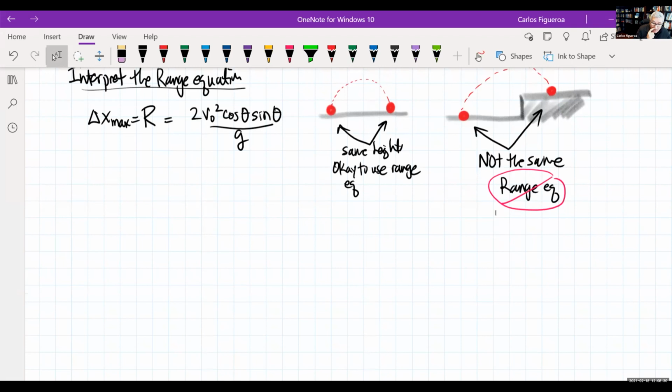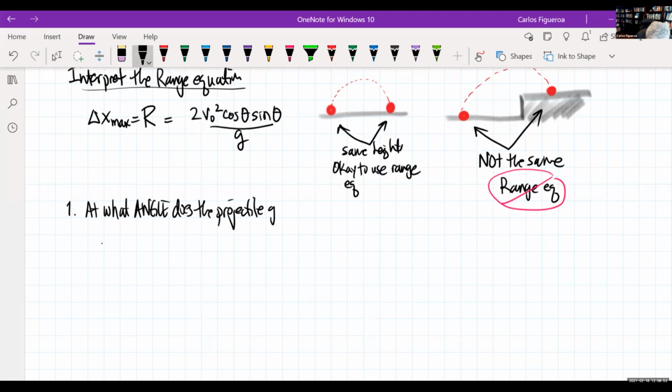At what angle does the projectile get maximum distance?